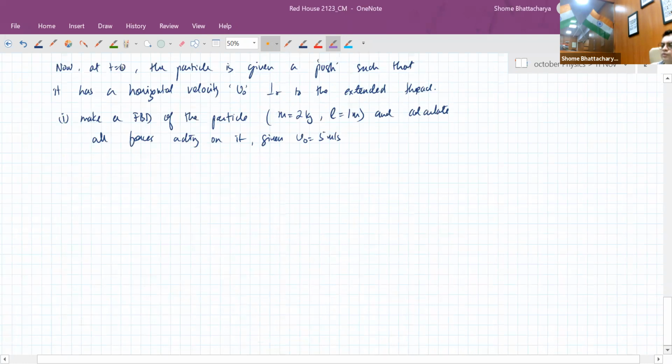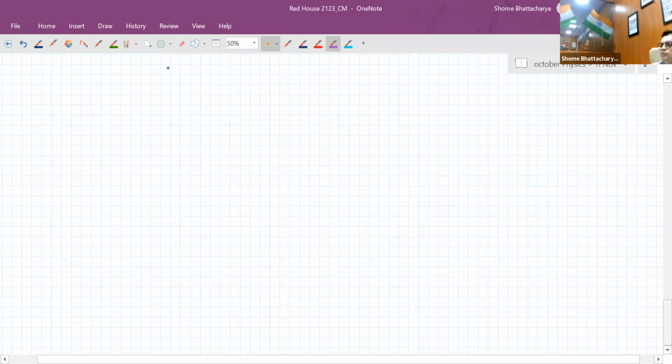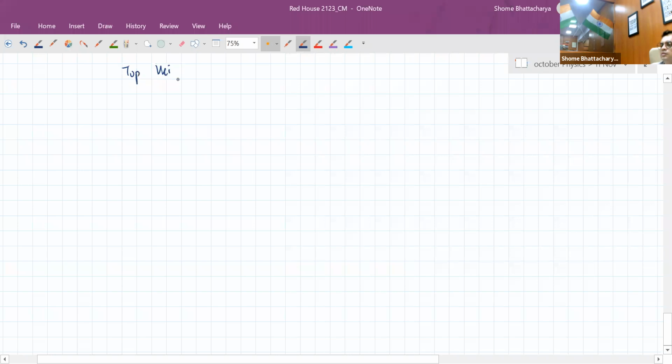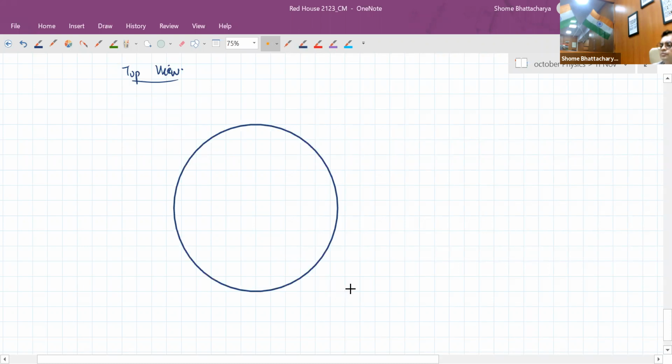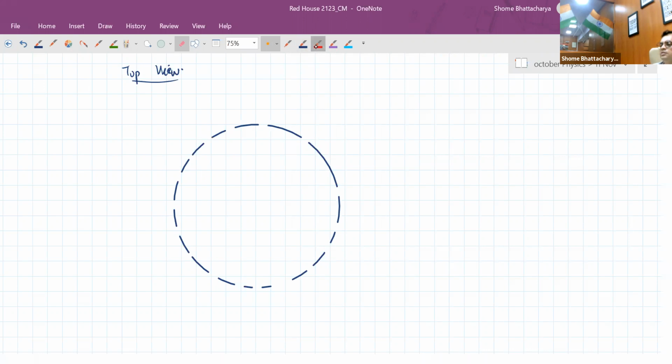If you visualize, for example, the top view of the particle as it is going in the circular path, at any point of time in its path, tension is always acting on it in such a way that the direction of the tension is along the thread, and the thread is lying in the radial direction.